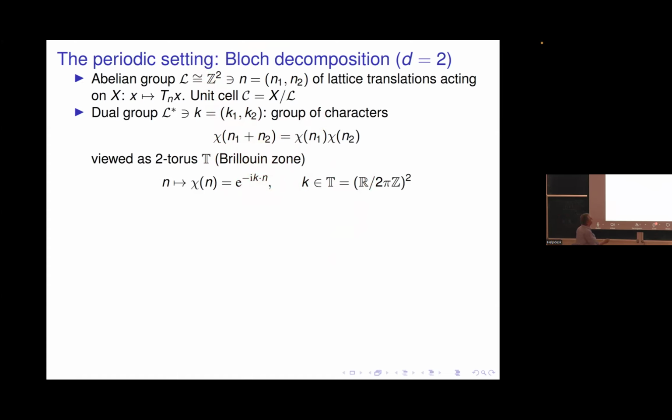And so the plane R2, once you identify points that differ by 2 pi, is a torus, and it is called the Brillouin zone. And this k is called the quasi-momentum, and is defined modulo 2 pi in each component.